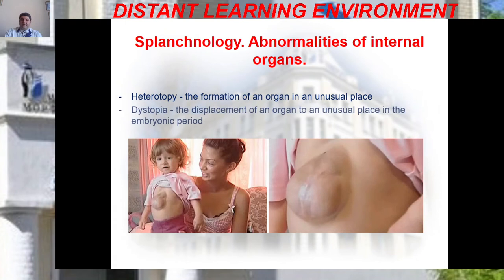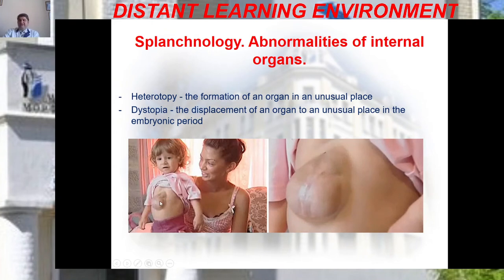Also, you may see two abnormalities of topography of organs. First is heterotopy, the formation of an organ in an unusual place, and dystopia, the displacement of an organ to an unusual place in the embryonic period.